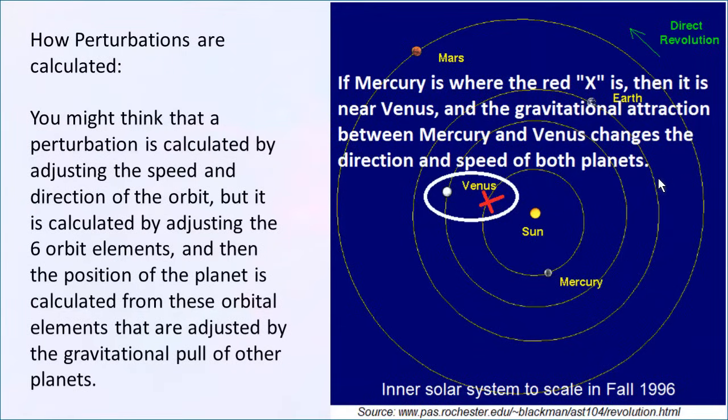Okay, now this is what perturbations are. The idea is very simple. Perturbations are just gravity. It's just gravity. When things are close to each other, there's a gravitational attraction. You know from watching movies and reading about outer space exploration that when astronauts go up in space and they get very far away from the Earth, eventually there's no gravity at all.